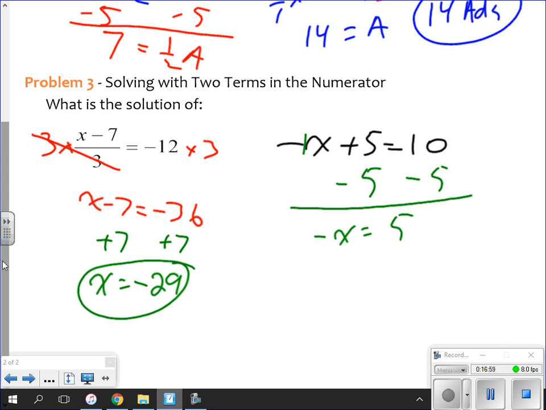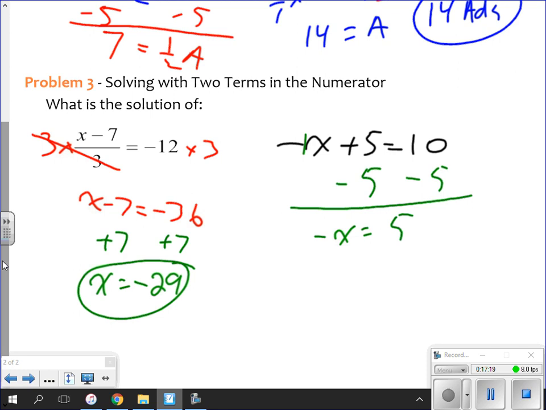Now you have a choice. Either one will work. I can either multiply both sides by negative 1 or divide both sides by negative 1. It doesn't matter which one you want to do. Because what you're trying to do is make that negative x a positive x.